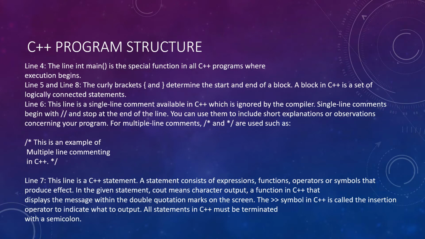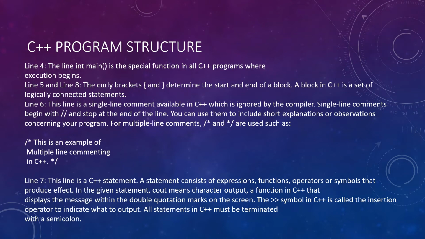For multiple line comments, they are used such as that one. In line 7, this line is a C++ statement. A statement consists of expressions, functions, operators, or symbols that produce an effect.